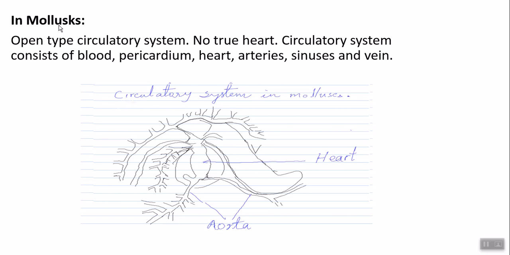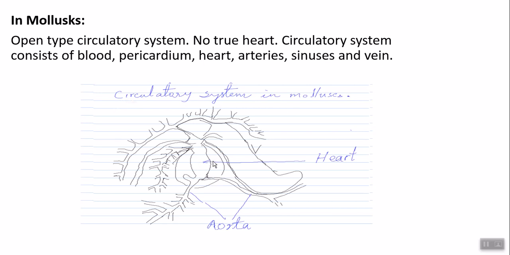Mollusca. In the mollusks, this is the first group of animals which shows a circulatory system. It is the open type of circulatory system, and there is no true heart. The circulatory system consists of blood, pericardium, heart, arteries, sinuses, and veins.